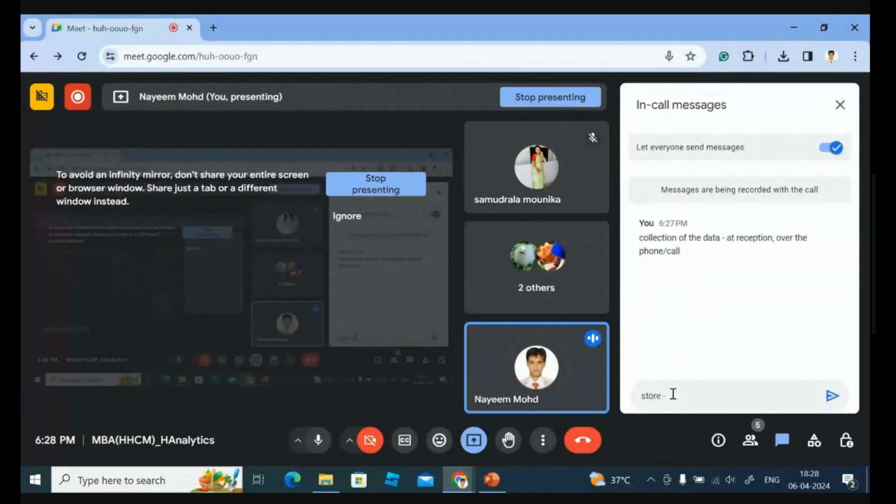You're going to store it in your computer memory or on cloud, or you may have a database. That means the software itself can have it, but again it boils down to the local drive. So local or cloud drive.